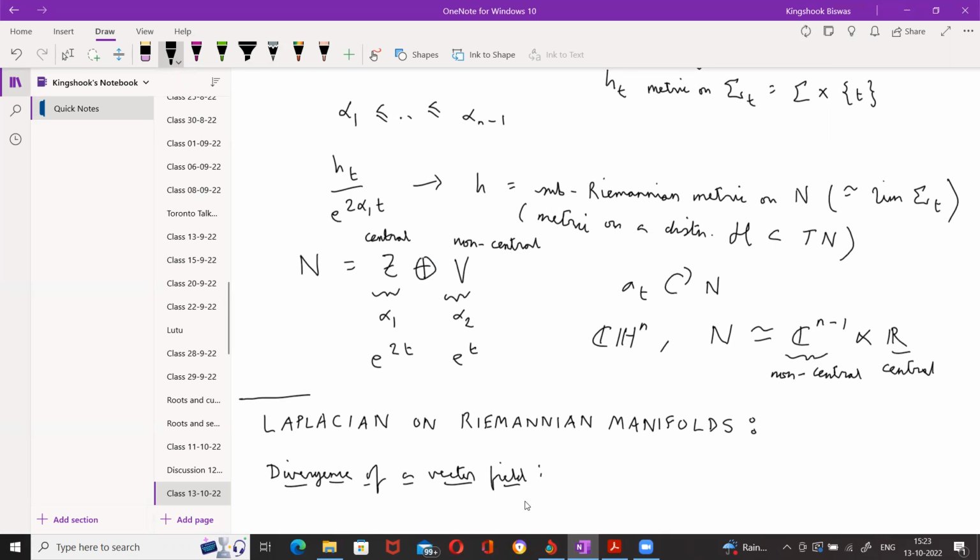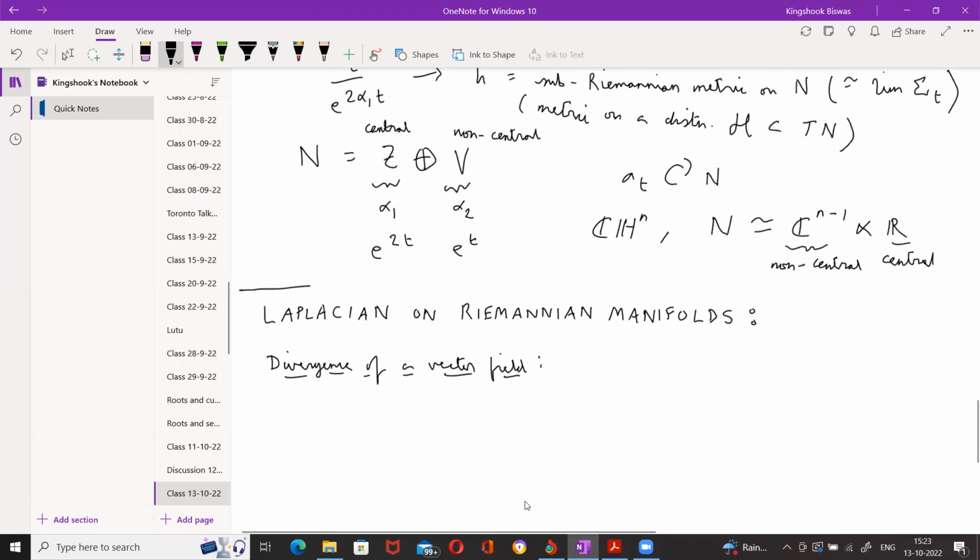So M is a Riemannian manifold. Let me first suppose that M is oriented.